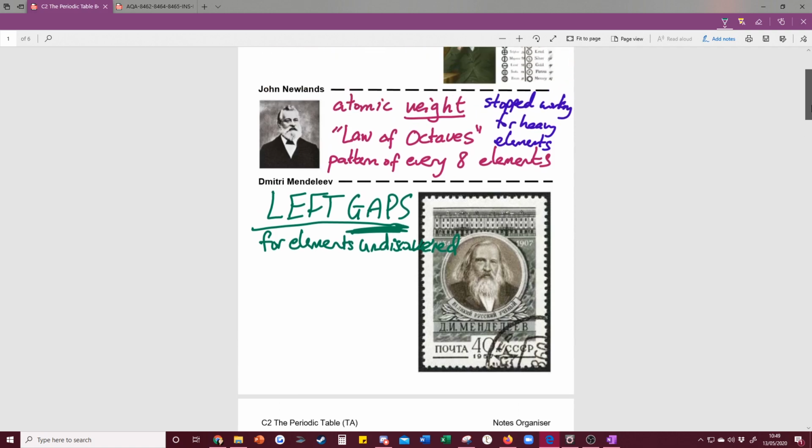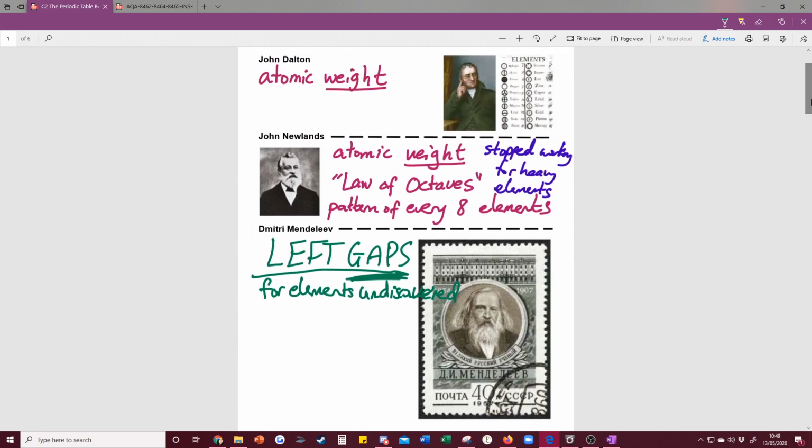So when it comes to practice, I just want you to have a look at Seneca now because there's not much additional practice you can do. If we were to do this in class, I would have had you guys do a timeline of the periodic table's discovery and formation.